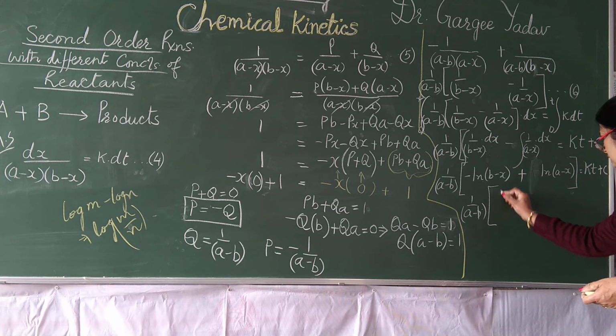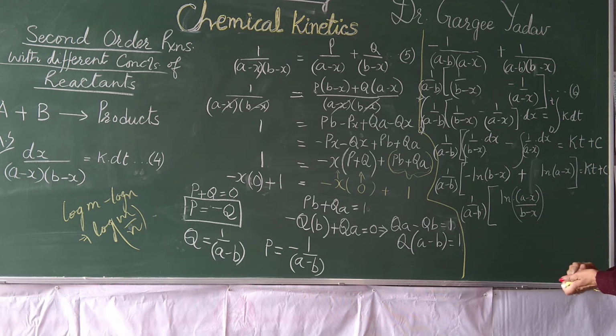So what we will have is log of a minus x divided by b minus x. Bracket closed, and this is equal to kt plus c.